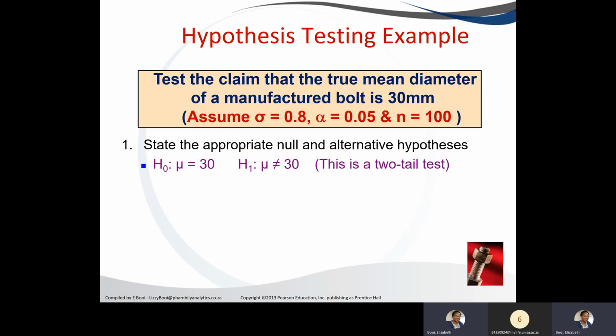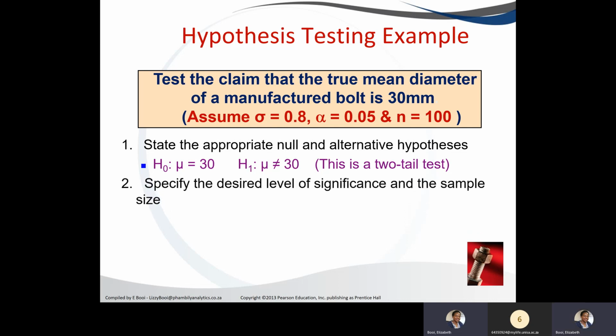This is a two-tailed test, and it helps because now I will know how I'll find my critical value. I'll use alpha divided by 2. I know that when I make a decision and conclude, I will have two regions of rejection. Specify what we are given. Everything at the top is what we are given, written in red.